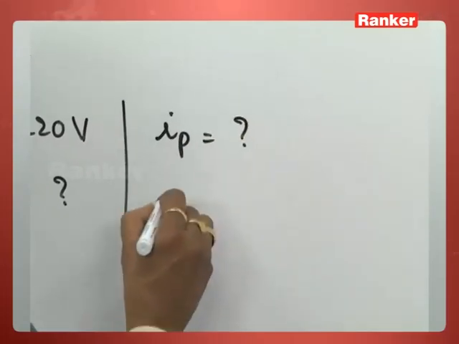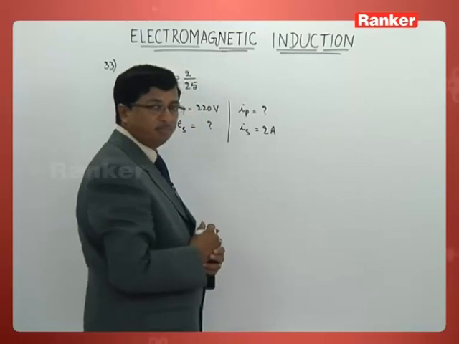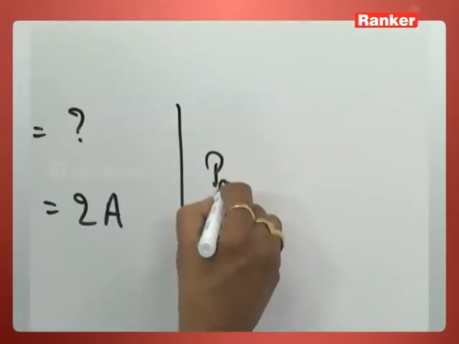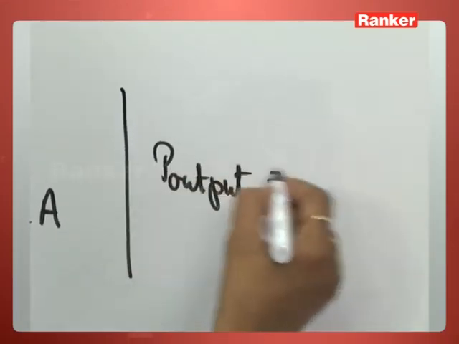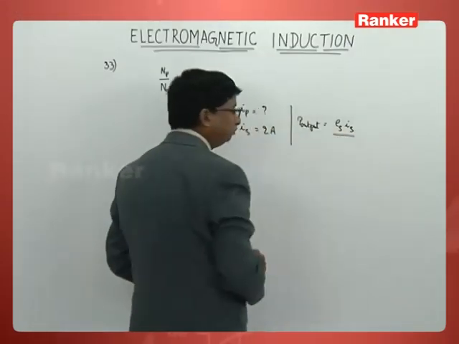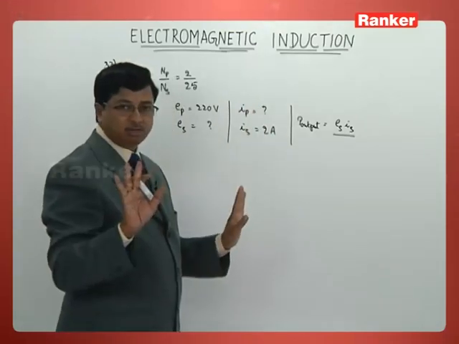What is I secondary given? 2 ampere he gave. And what is the third one he is asking? What is power output? Power output means E secondary into I secondary. So these are the three values I want.